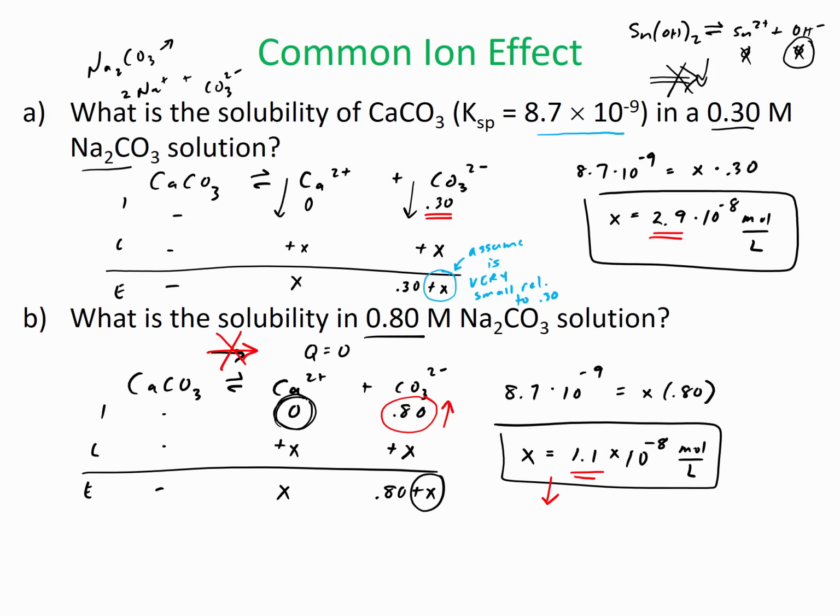Here the solubility went more than twice of what it is here, because we more than doubled our amount of carbonate. So we can make a conclusion here, and this is a real general conclusion that works with all of these.